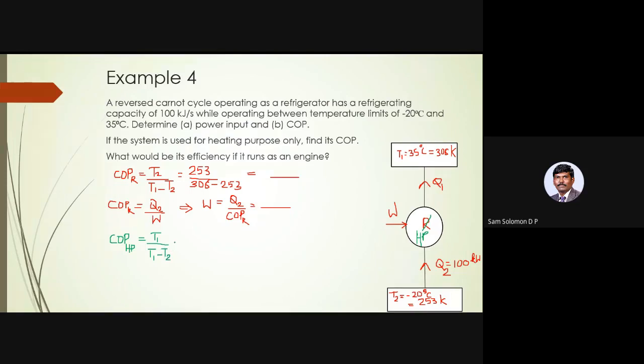So this is 308 divided by 308 minus 253.